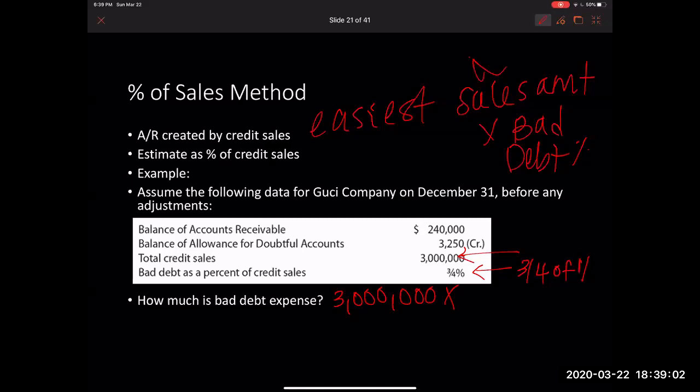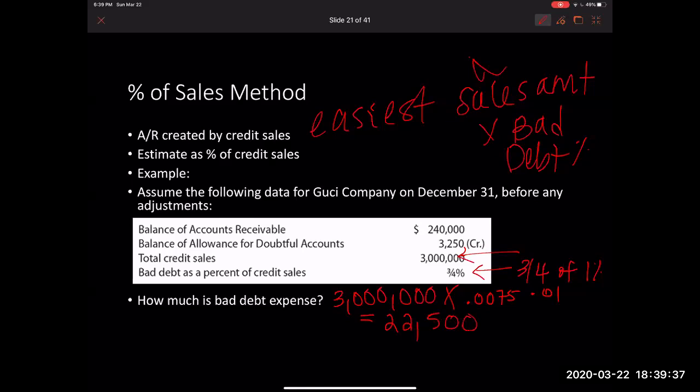So if 1% is 0.01, 3/4 of that is going to be 0.0075. Once we do that calculation, so I'm going to take a second and do the calculation with you guys as well, 3 million times 0.0075, you should come out with your bad debt expense of $22,500.